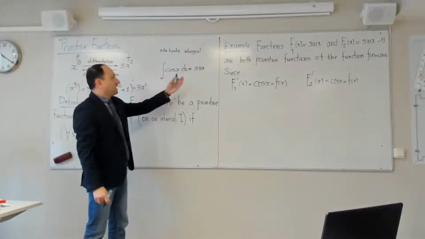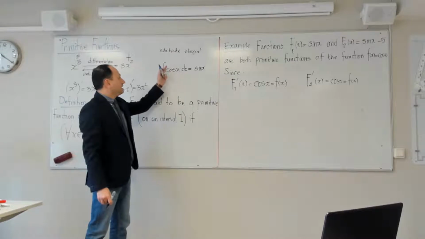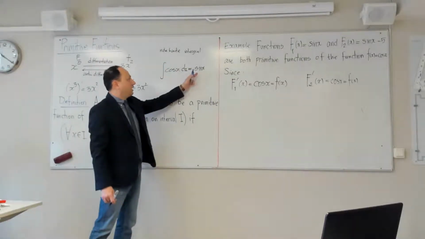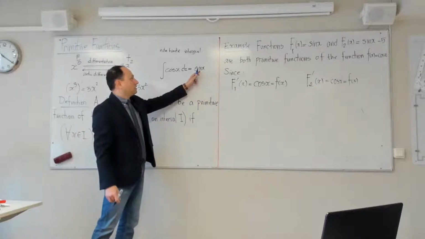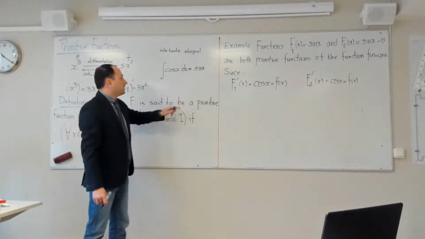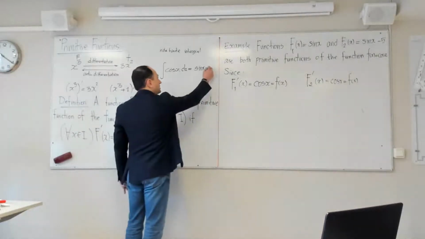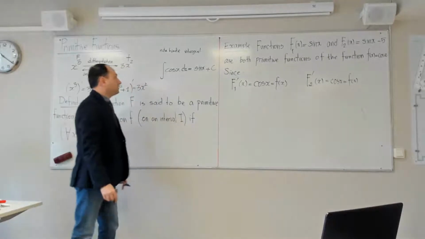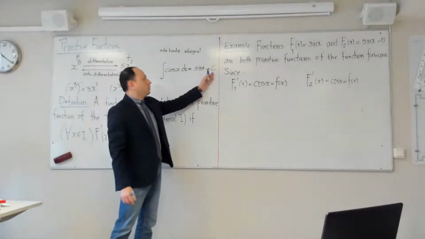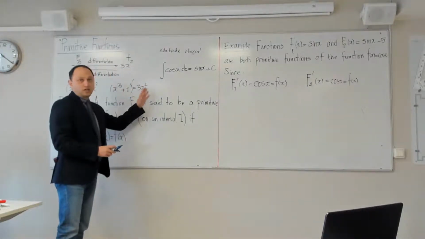But in that language, I can say that the primitive function of cosine, the indefinite integral of cosine, is sine, because when I take the derivative of this function, it becomes that. But this is not the only function. Any function of this form plus a constant is also a primitive function. So when you see this, it means write all of them. But let me just stick to the notations in the book.